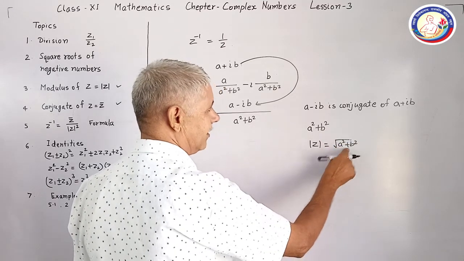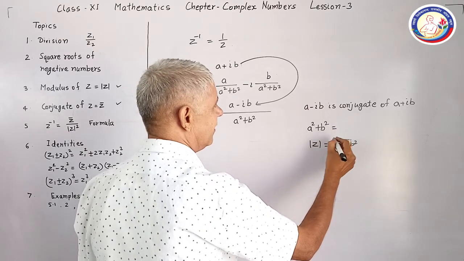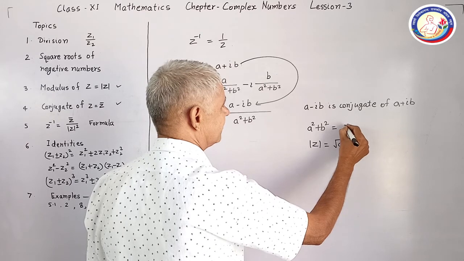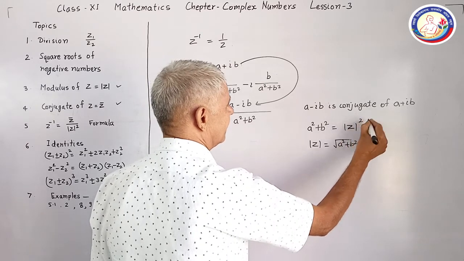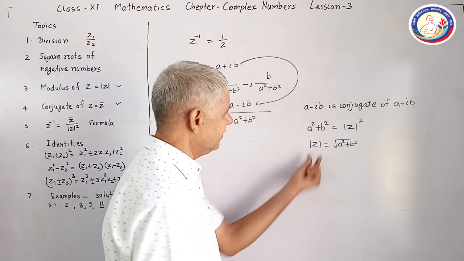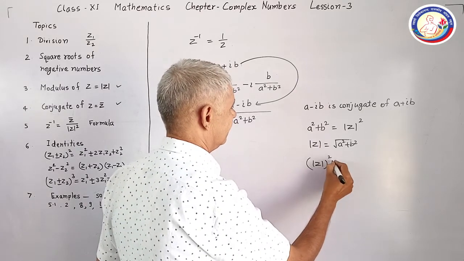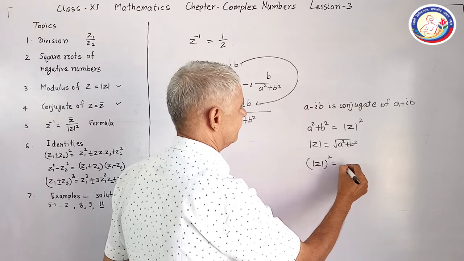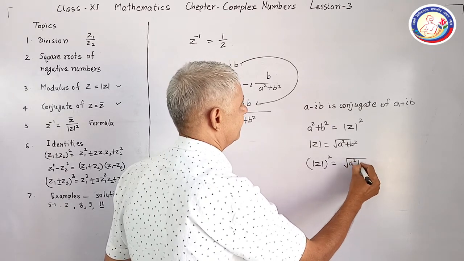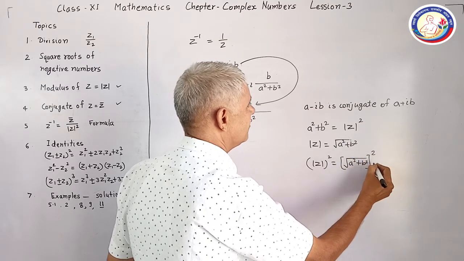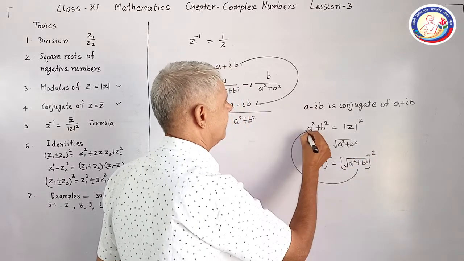So, on squaring this, what will we get? We will get z square. If we square this, we will get this same here.